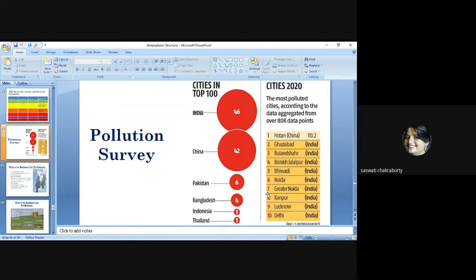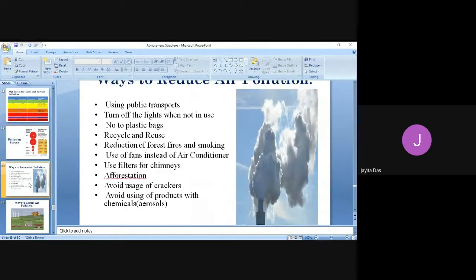So 100 people using 100 cars is worse. Instead, 100 people won't get into a single bus, but say 32 people get into a bus, then at least these 32 people will reduce air pollution a little bit, right? Yes, ma'am. Good. So using public transport, and turn off the lights when not in use.